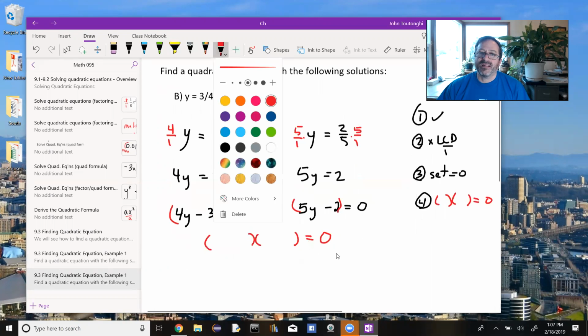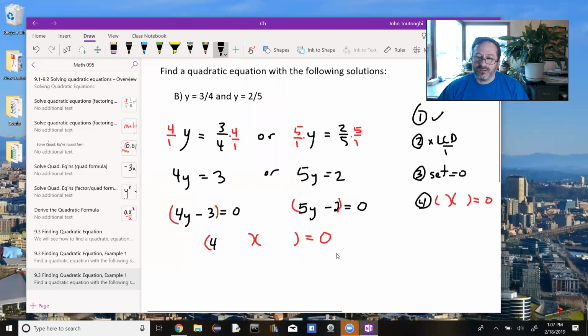So we got 4y minus 3 times 5y minus 2. We need to FOIL this out.